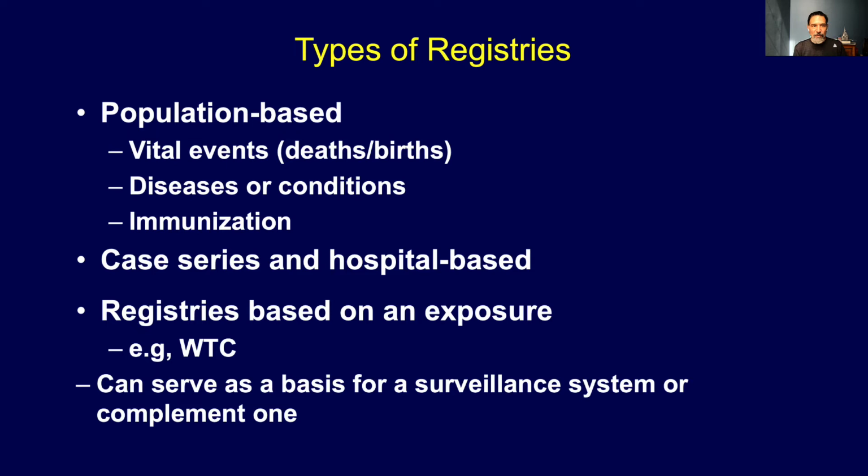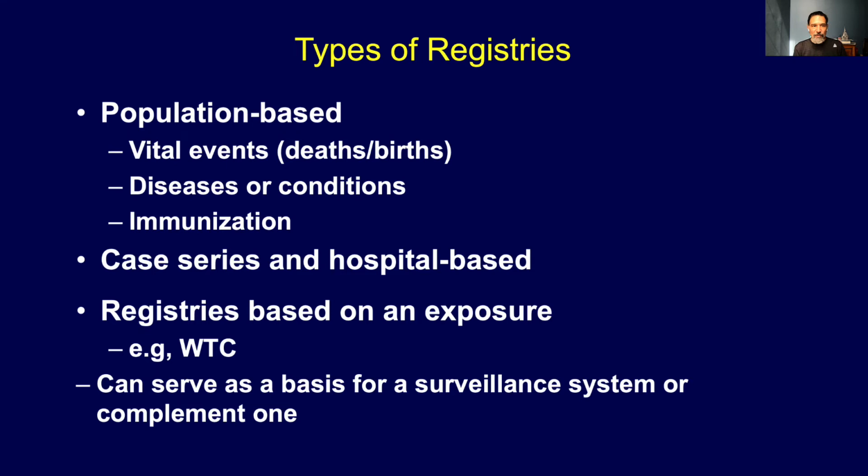Also, there are registries for people who receive immunizations. The city keeps a record of all childhood immunizations, and it's called an immunization registry. There can also be case series and hospital-based registries for specific diseases and health outcomes. And there can be registries that are mainly based on an exposure.